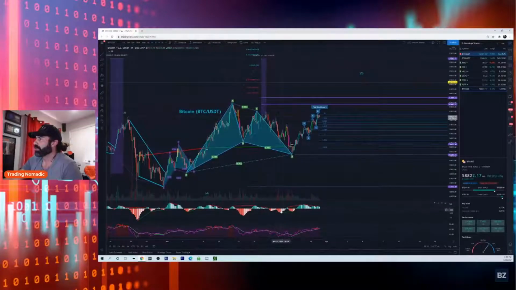And then down here on the MACD, we identify the momentum at this point, up about here, and this point, which is our D, which would be the PCZ of this harmonic formation. You can see the momentum is waning.